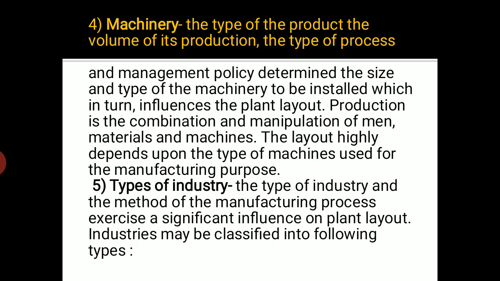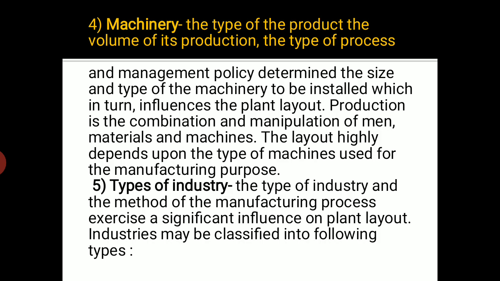Fifth comes types of industry. I think you have studied this earlier also. What type of industry are you in, what category do you fall in? In the following slides we'll be seeing four types, and we need to understand each type because your layout would be different. If it is a synthetic industry, your layout would be different. If it is an analytical industry, your layout would be different.